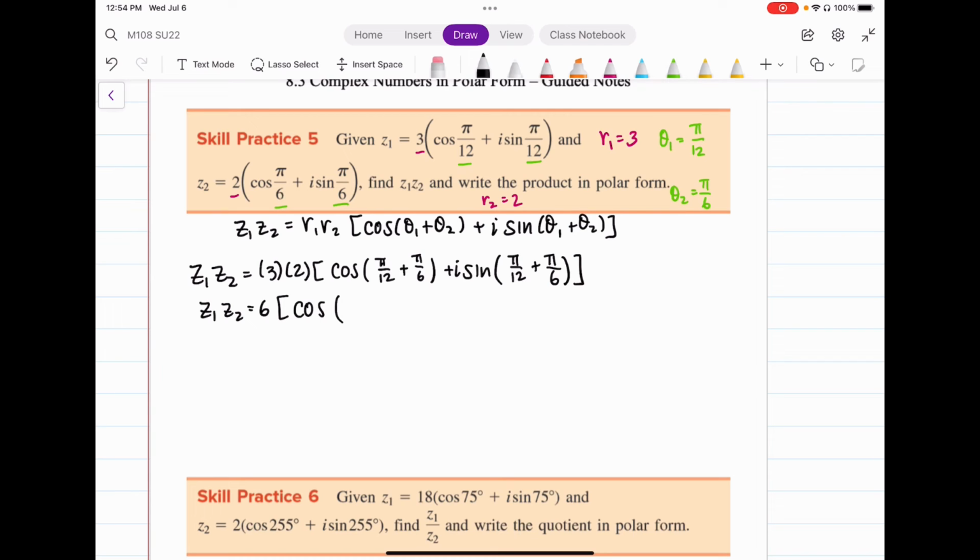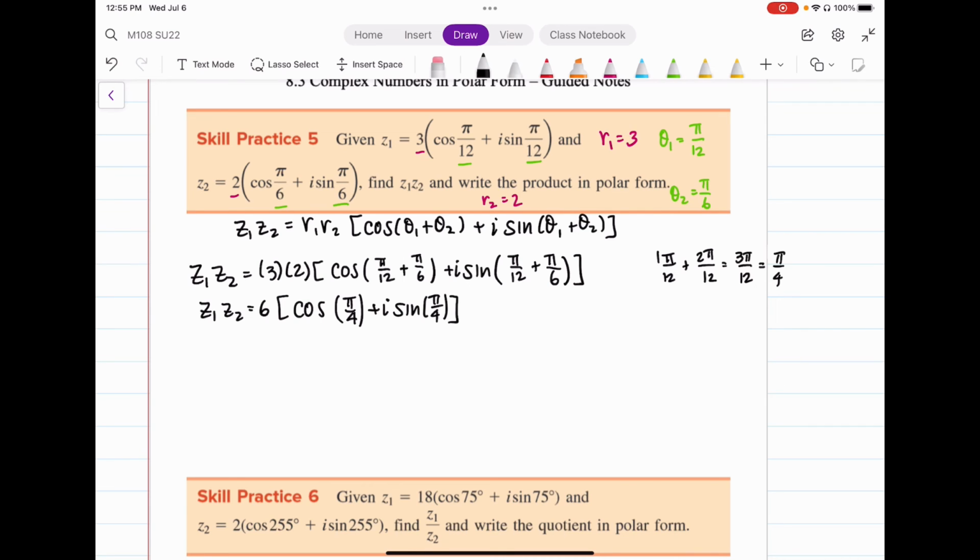I'm going to find a common denominator. I'm going to make pi over 6 into 2 pi over 12 by multiplying the numerator and the denominator by 2. That means 1 pi plus 2 pi is 3 pi over 12, which reduces by 3 to pi over 4. That means I have cosine pi over 4 here, plus i sine pi over 4.